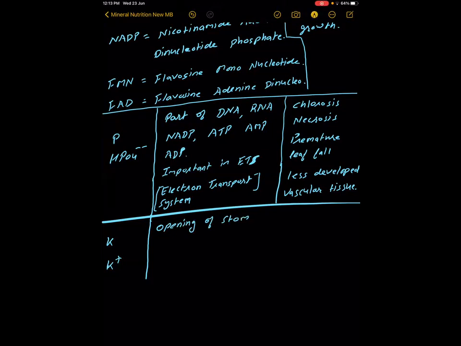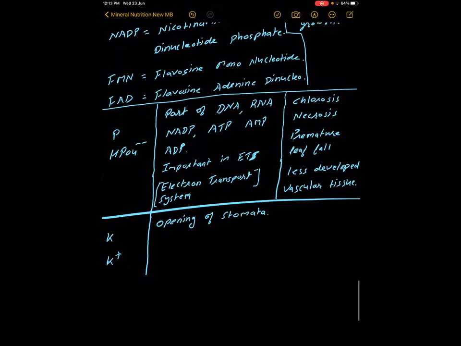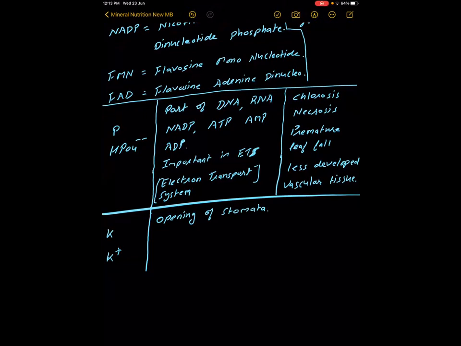Not only opening, but in closing also there is a role of potassium. Second, it maintains membrane permeability.